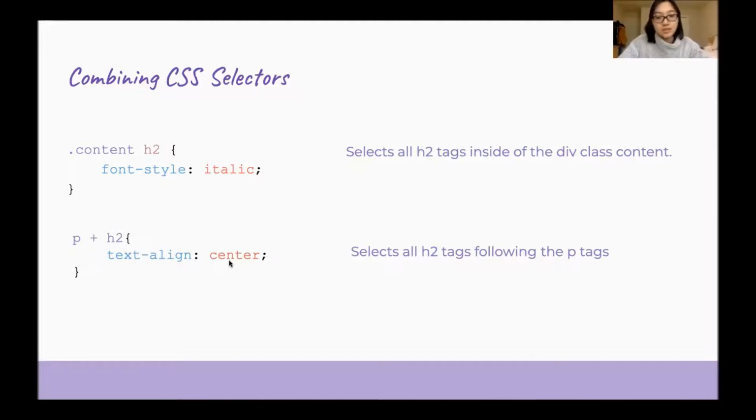The plus sign means that it selects the elements following another element. So if you have a header and a paragraph, and you want the paragraph after your header to be italicized, then you would do header plus P. It's sort of like getting into more specifics and finding different ways to call certain things, especially if you notice a pattern in your website, like this always appears after this, and I want that to be something different. Then this is really convenient.